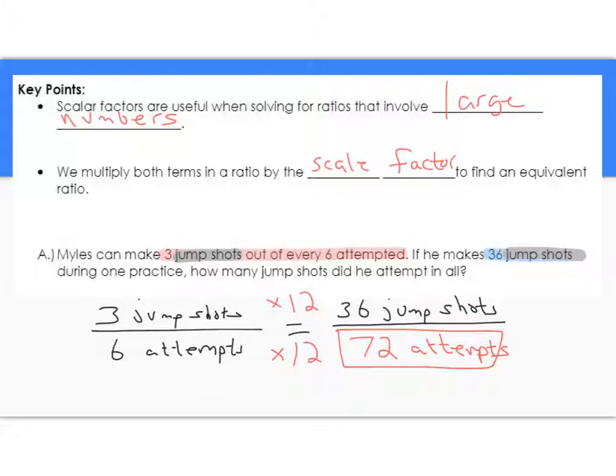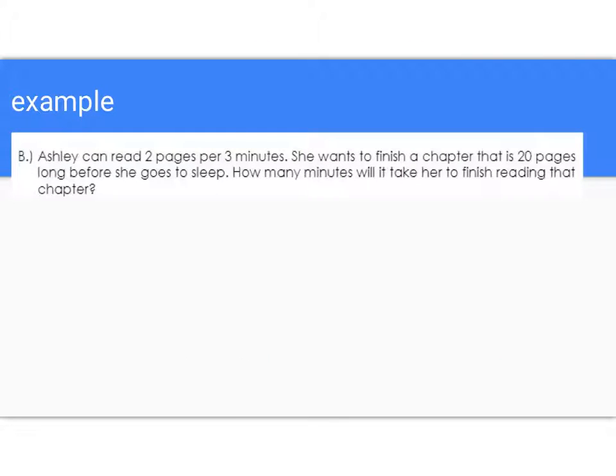All right, let's take a look at another problem. Ashley can read 2 pages per 3 minutes. She wants to finish a chapter that is 20 pages long before she goes to sleep. How many minutes will it take her to finish reading that chapter? Again, I'm going to highlight my original ratio, highlight my target, and set up my ratio.